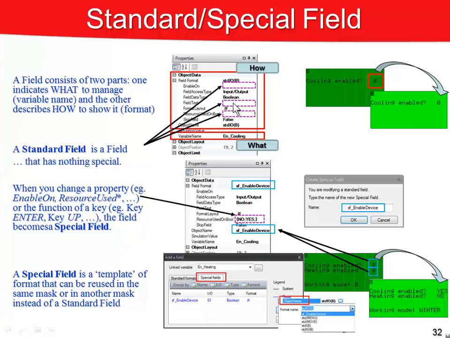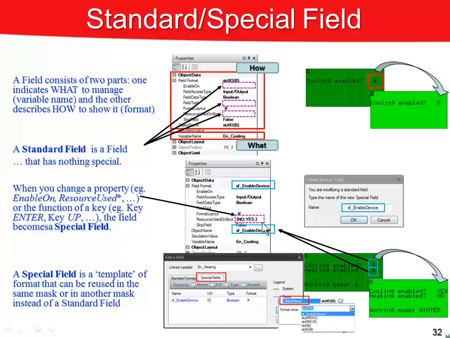So when you change one of these properties, the enable on, field text, resource used, as well as the skip field, the field changes from standard input output boolean, as stated here, to special.